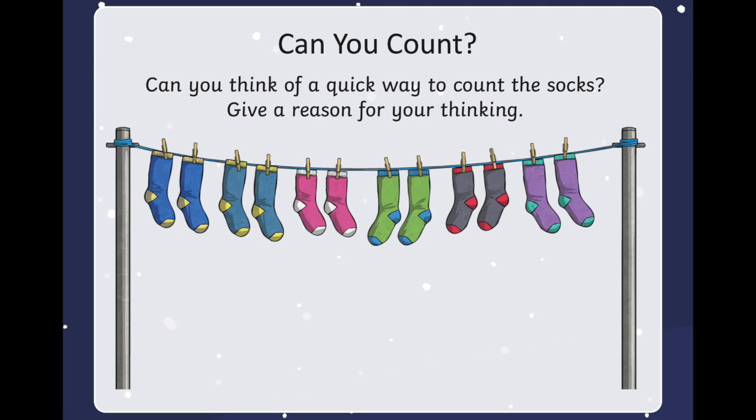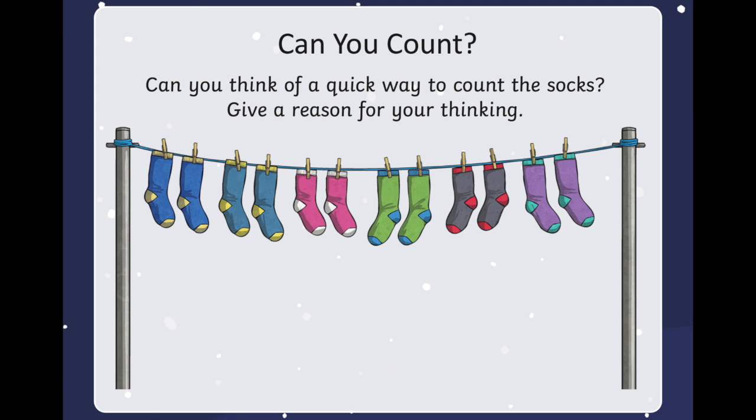Can you think of a quick way to count the socks? Give a reason for your thinking. Look at all the socks lined up on the line. How many socks are there of each colour? That's right, there are 2 socks of every colour.